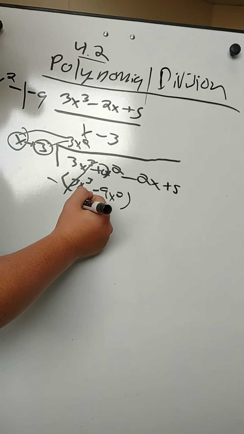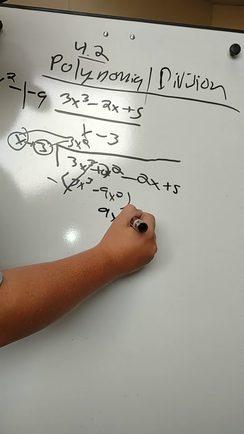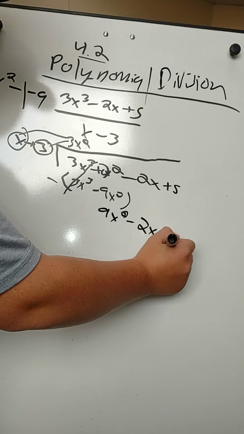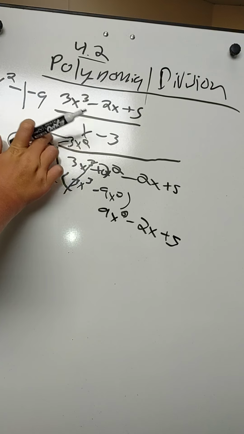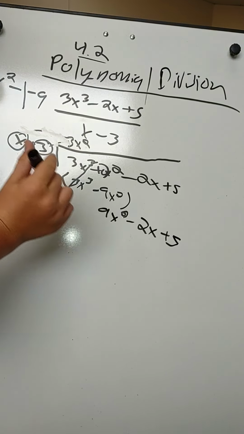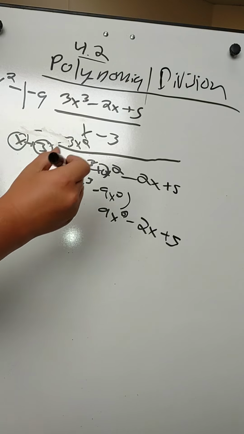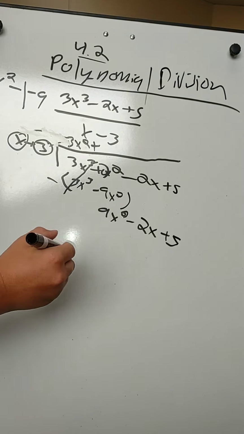So, we're left with 9x squared minus 2x plus 5. So, now we just need to repeat the process. How are we going to get x turned into 9x squared? So, we need to add 9x.